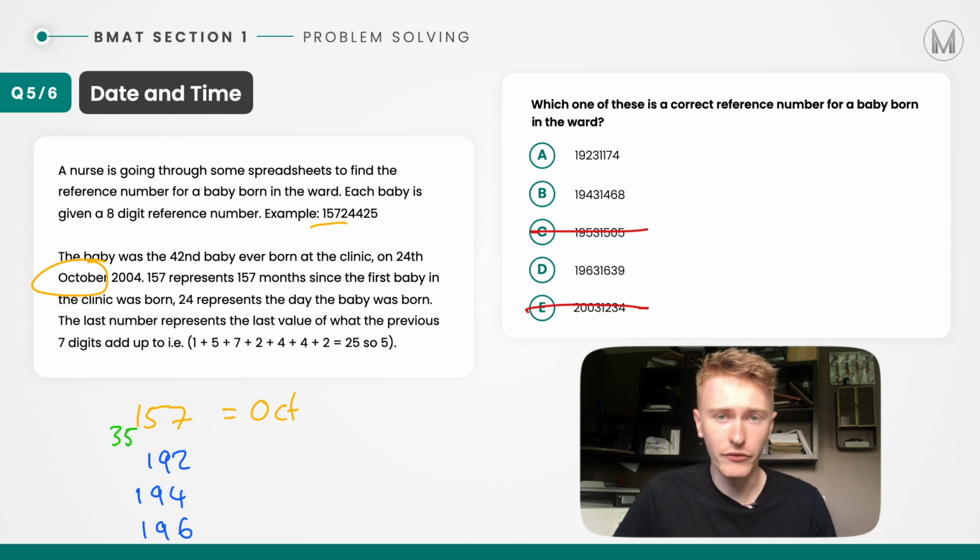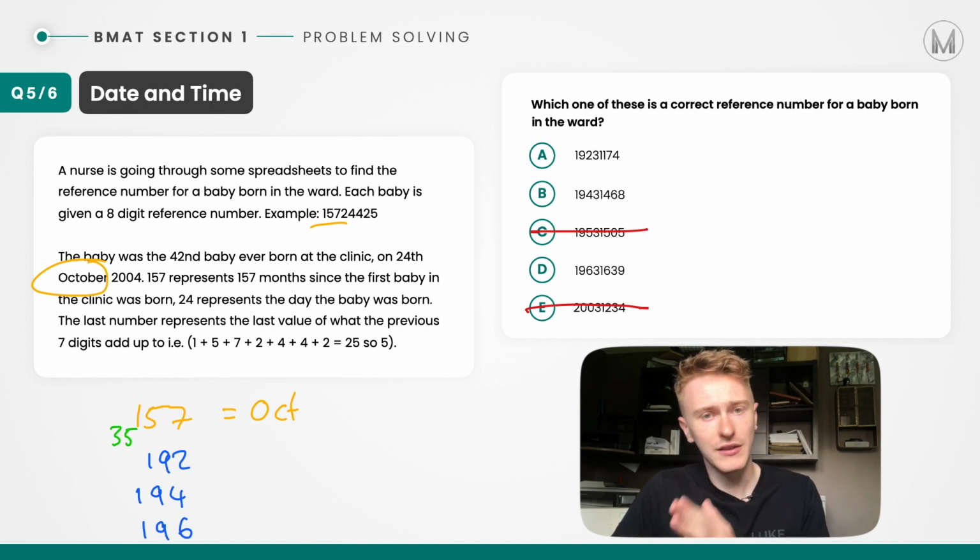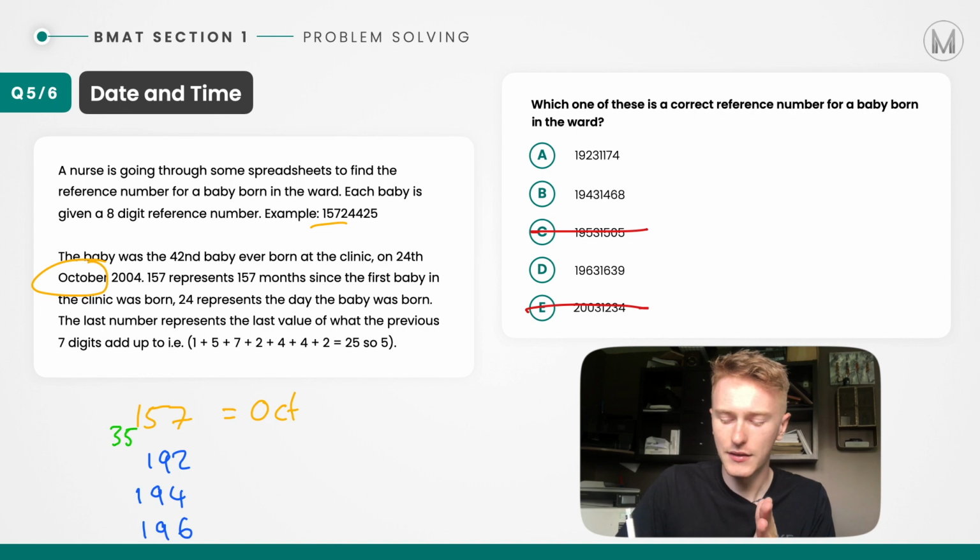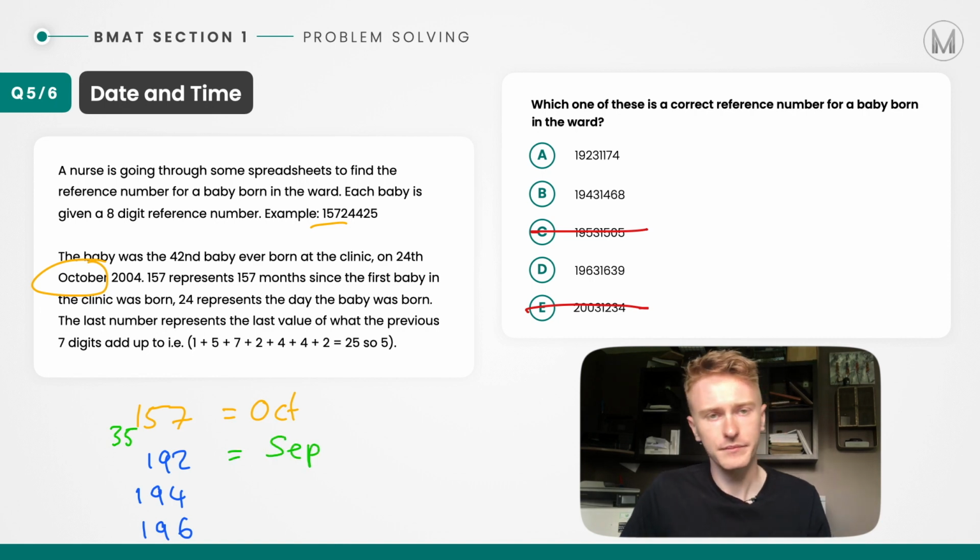Divide that by 12 and you can almost see that 36 is a multiple of 12, so this is 1 backwards from a multiple of 12. In other words, 36 is in October, so actually 35 is in September. Doing the same with the other ones, we can see that 194 is actually 37 difference, and 196 is actually 39 difference.